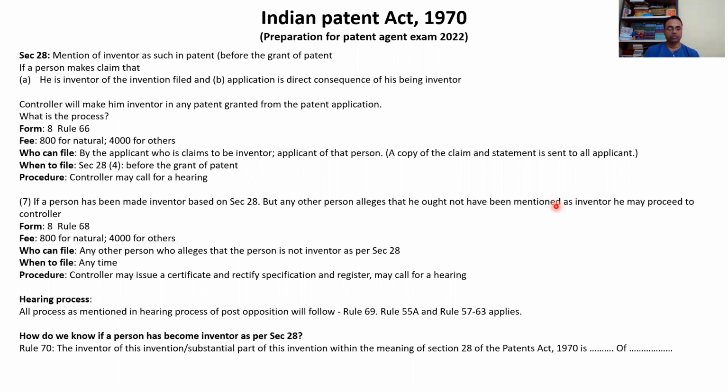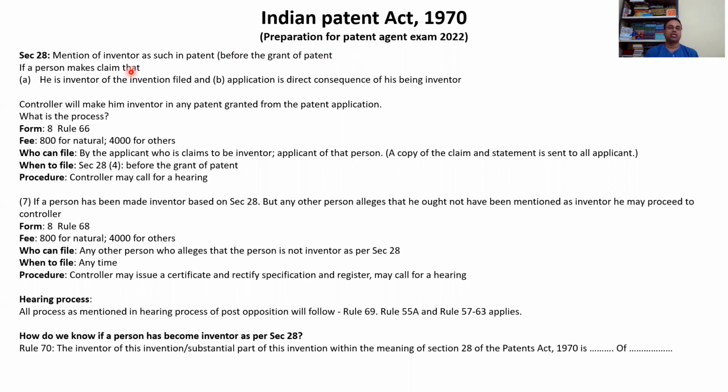So it says to mention the inventor as such in the patent before the grant of patent if a person makes a claim. If you make the claim before the grant of patent that this invention was taken from me and I should be the inventor, you need to prove two things simultaneously.